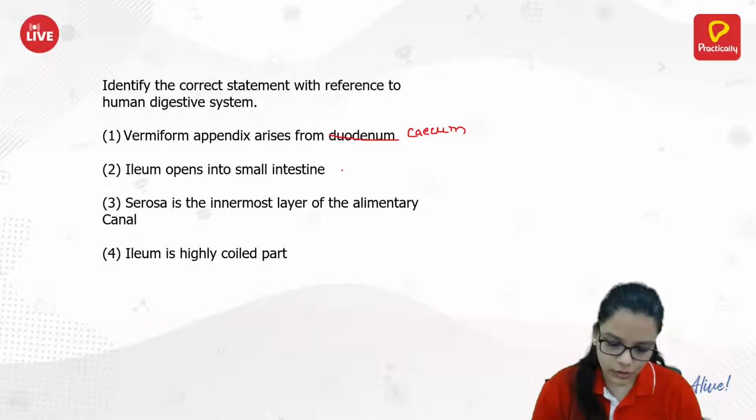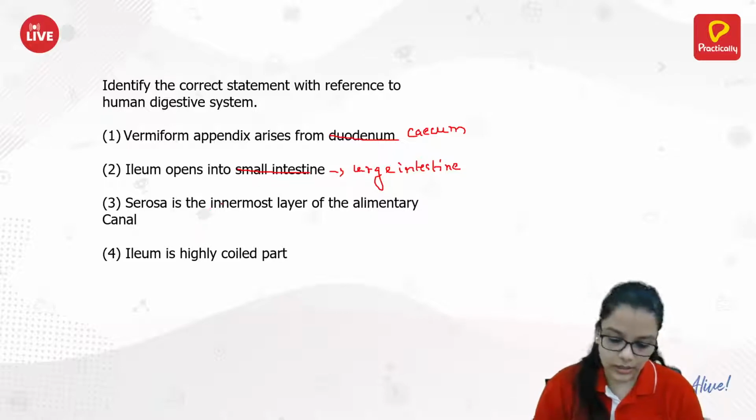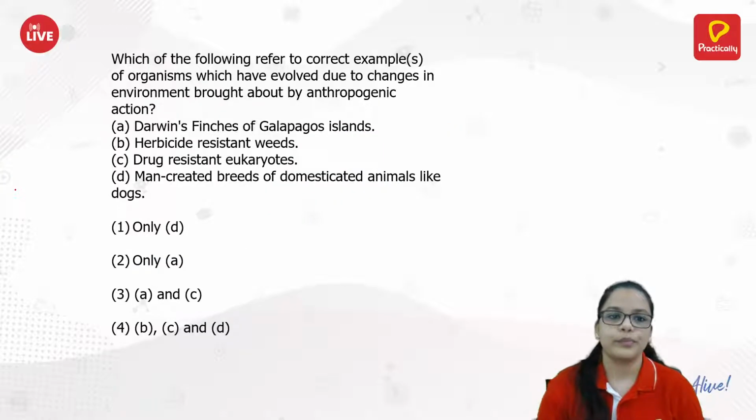Ileum opens into the large intestine, not the small intestine. Serosa is the innermost layer of the alimentary canal? It is the outermost actually. Ileum is a highly coiled part, that's right. So the answer is 4.